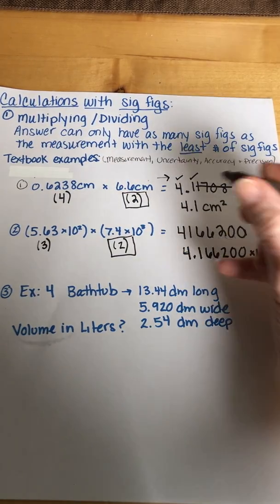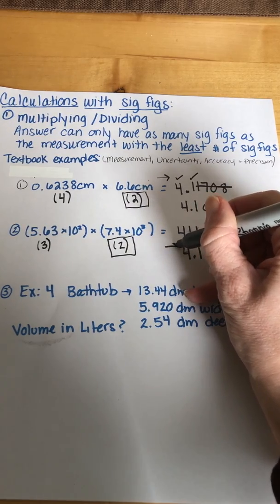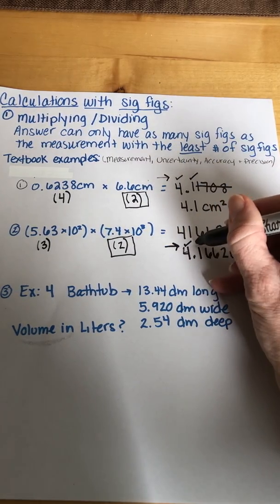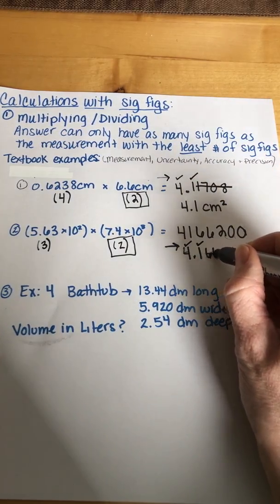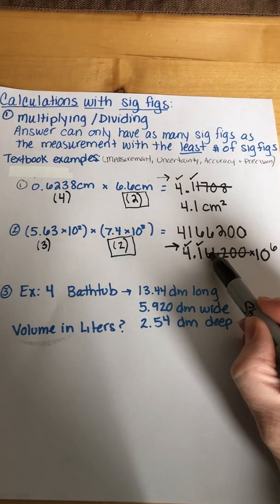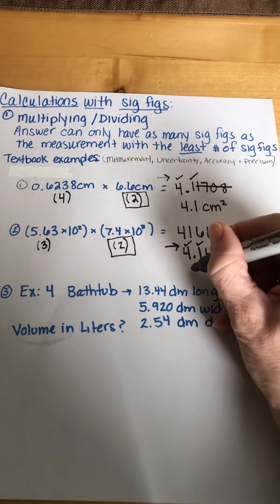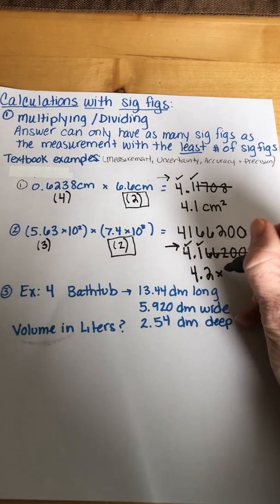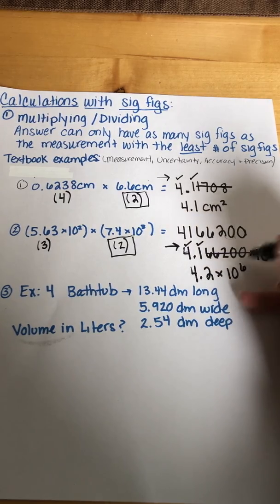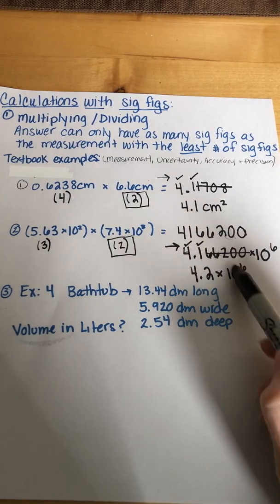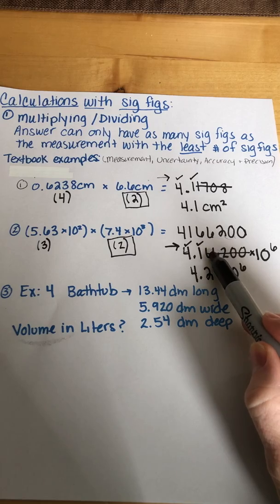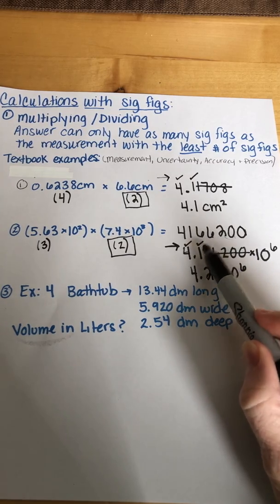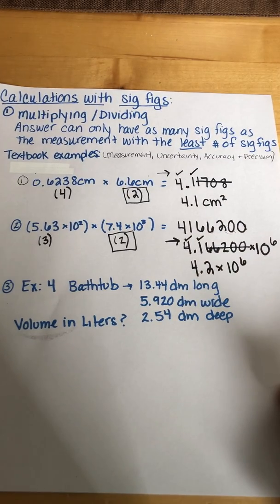Decimal point present, start counting from the Pacific side of the number. 1, 2, this all gets dropped off. However, the number 6, before it gets dropped off, does round the 1 up to a 2. So we would have 4.2 times 10 to the 6th. That's the only thing you have to watch before it drops off. If that is a 5 or higher, it will always round up the number that you're keeping. If it's 4 or lower, it won't affect it.